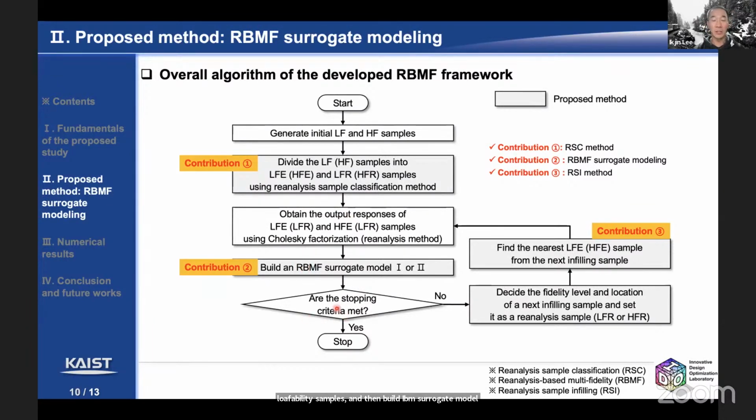If this generated surrogate model is accurate, then we will use it for design optimization. If it is not accurate, then we need to add more samples until the accuracy criterion is satisfied.